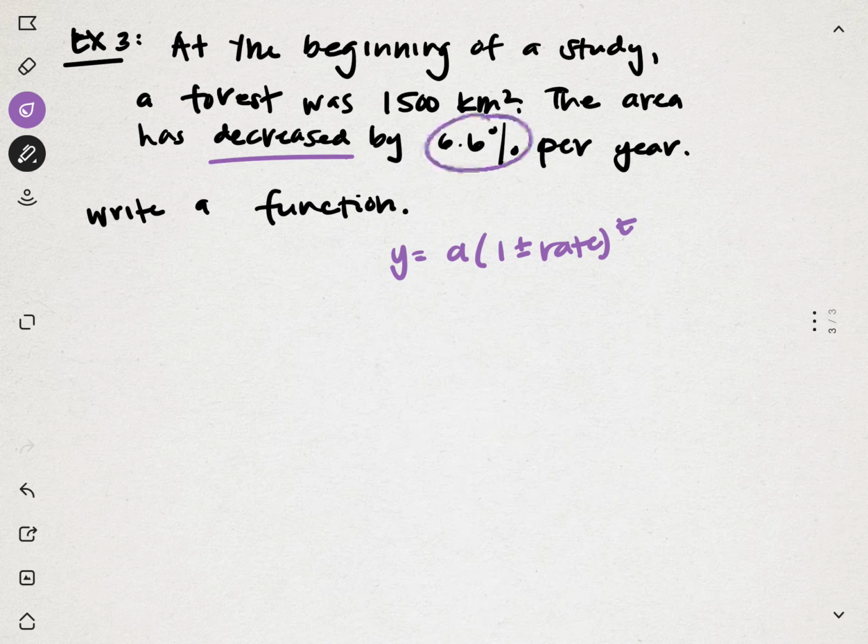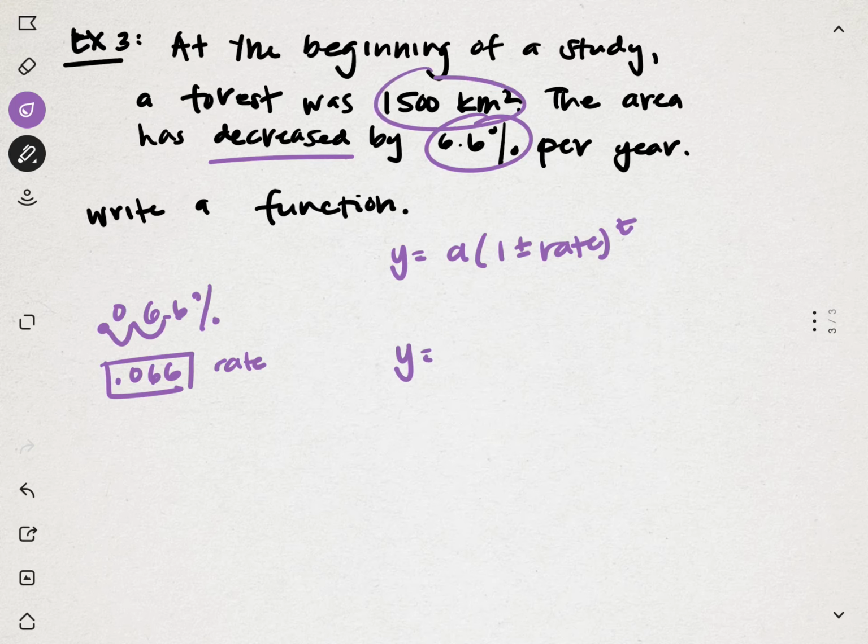Okay, so first thing we're going to do, let's take this 6.6% and convert it to a decimal. 6.6%, we're going to move that decimal place over twice. So this becomes 0.066. This is our rate. So let's go ahead and fill this in. Our initial amount is 1,500.